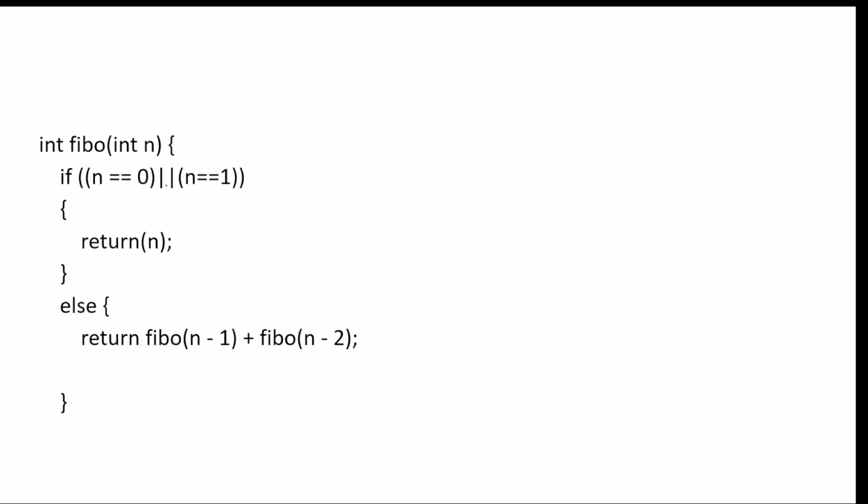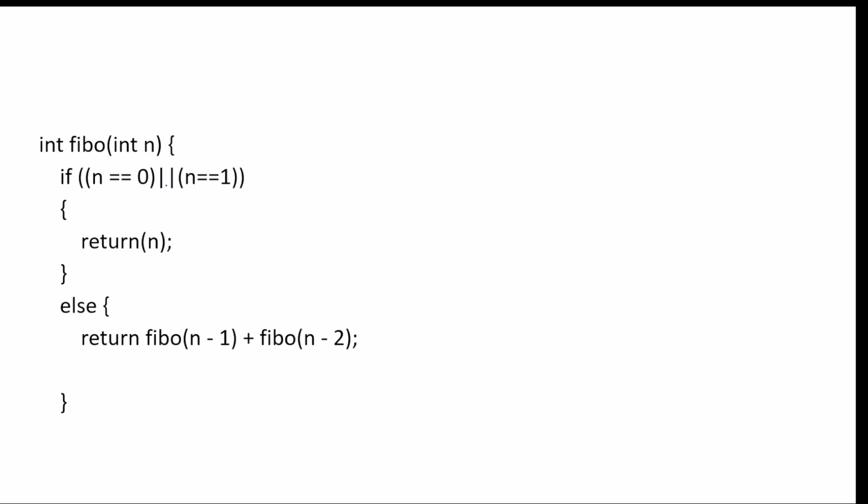Here in C++, you know about the recursive method: a recursive function is a function that calls itself repeatedly until certain conditions are met. Here I have given the function Fibno.